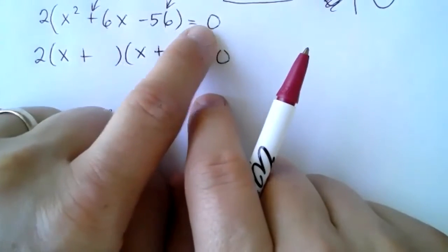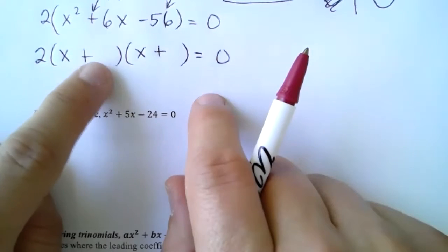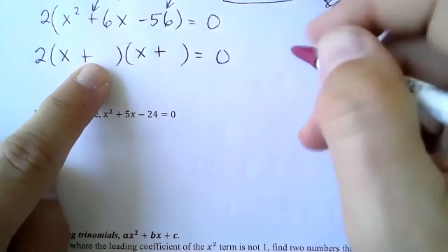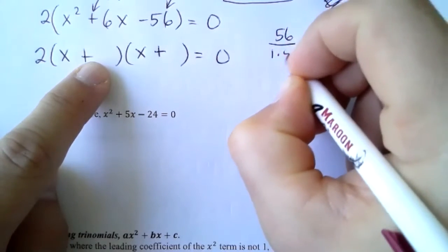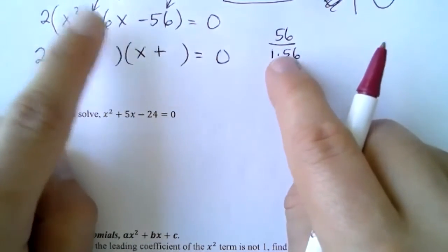So step one is we factored out the 2. Step 2 is we're going to solve for the 56 here. So we're going to take 56 and go through it. Obviously, 1 times 56 is not right because I need to be 6 apart from one another.